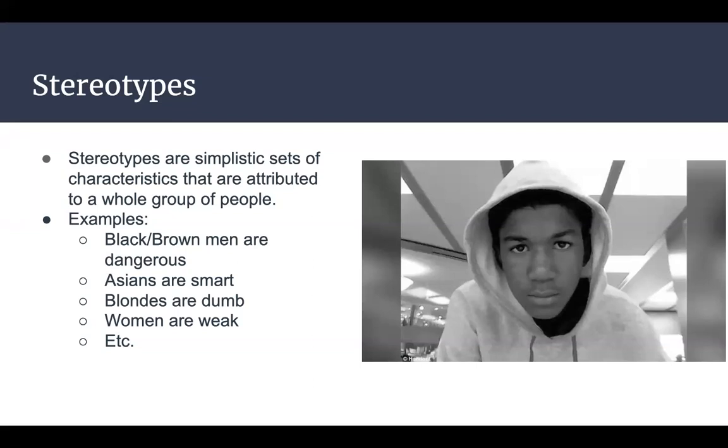Okay. So he was literally just walking home from the liquor store, minding his own business, and was murdered. So I want you to focus on these stereotypes and how the stereotypes eventually led to this murder of a young man who was minding his own business.